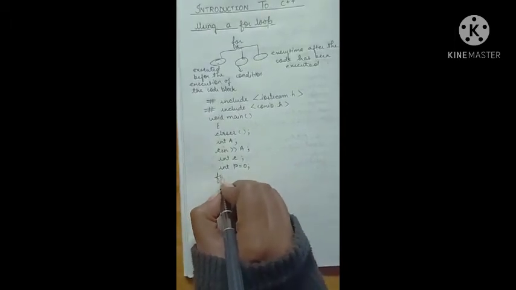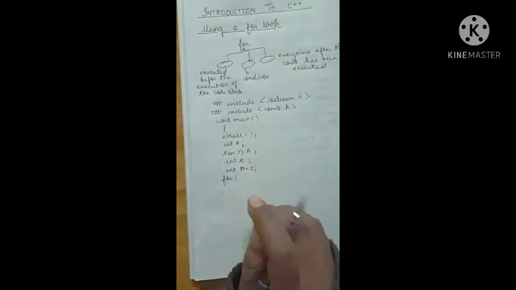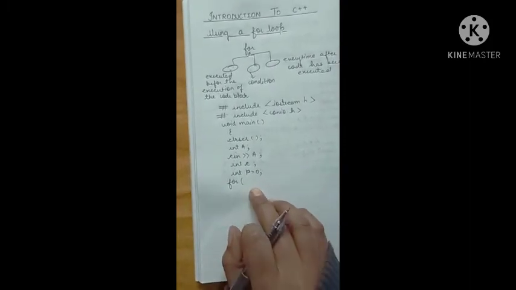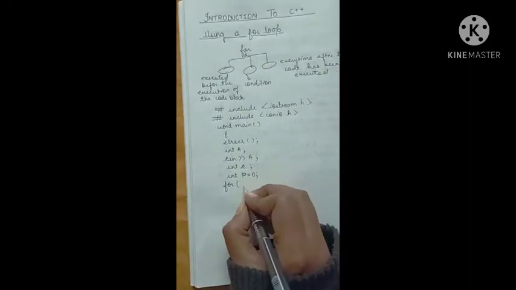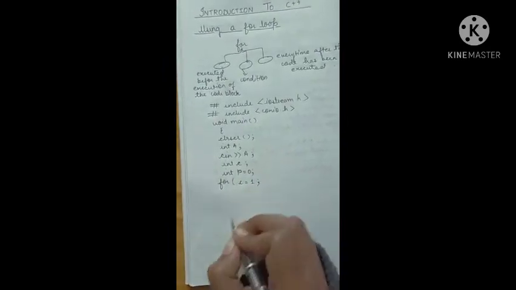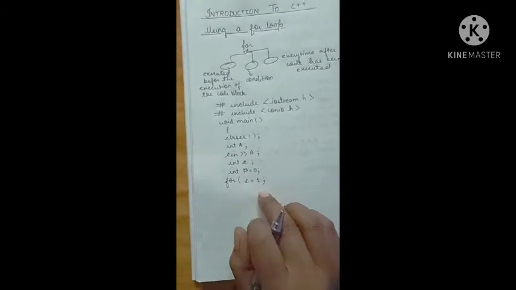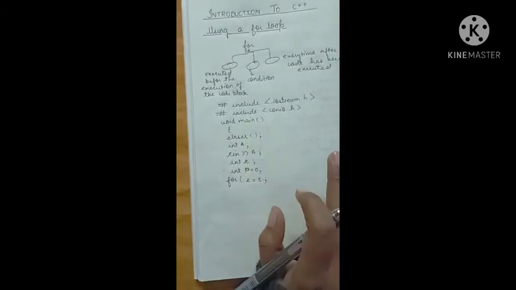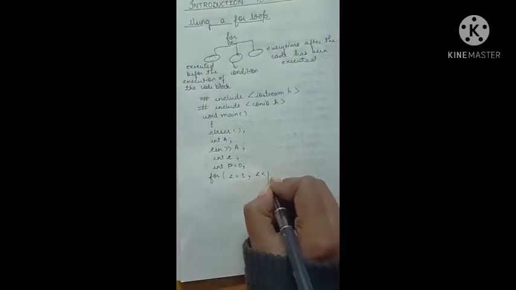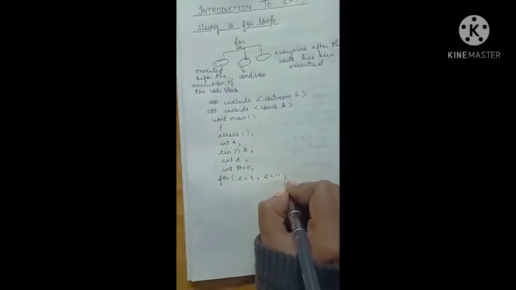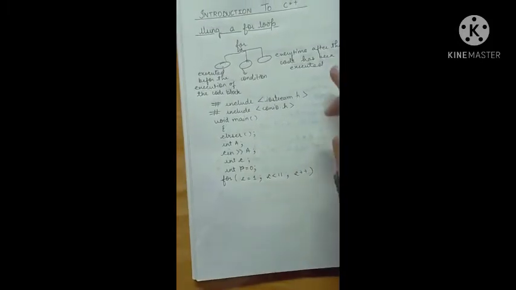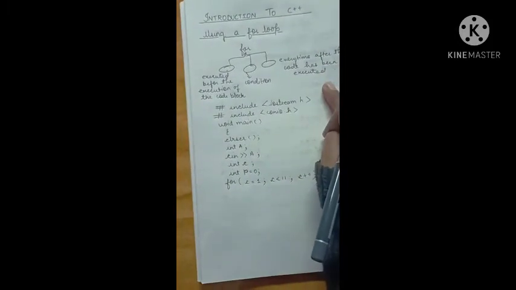Now for bracket, now we start writing the for loop. First part is that we initialize the value here. Then we put a semicolon, and the second part is the condition part, that c is less than 11, and in the third part we give c++, and this part will execute after the code has been executed.